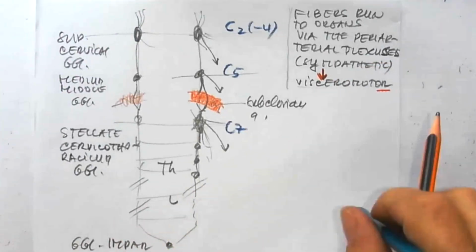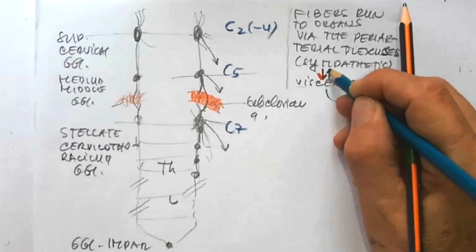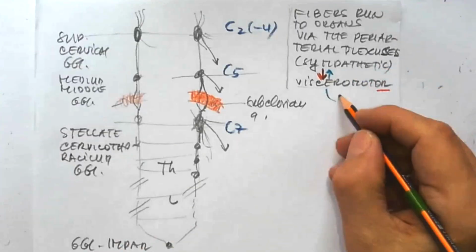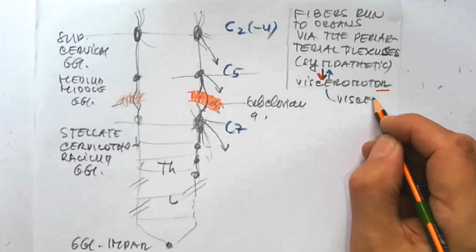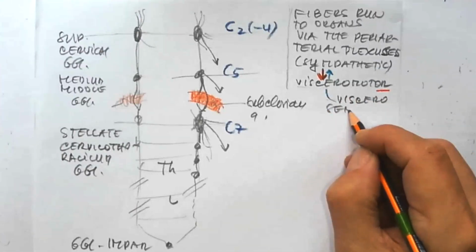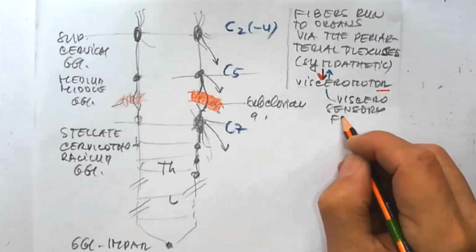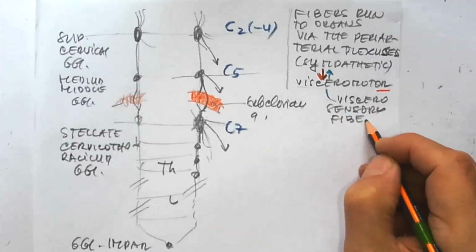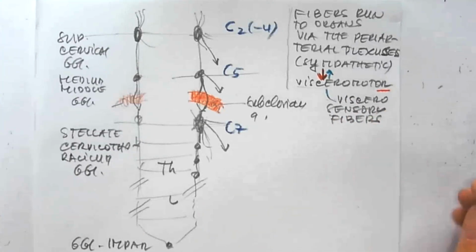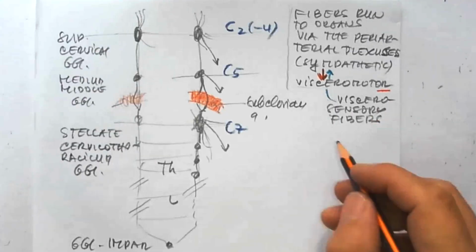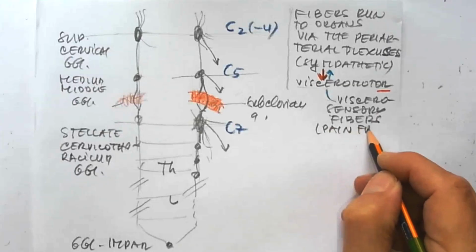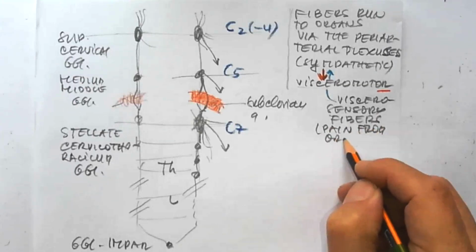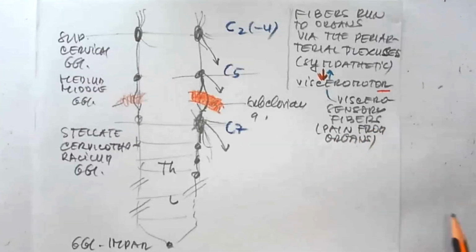But together with these fibers, towards the spinal cord, run also viscerosensory fibers. And viscerosensory fibers transmit visceral, mainly pain, from organs with the wall made up of smooth musculature.